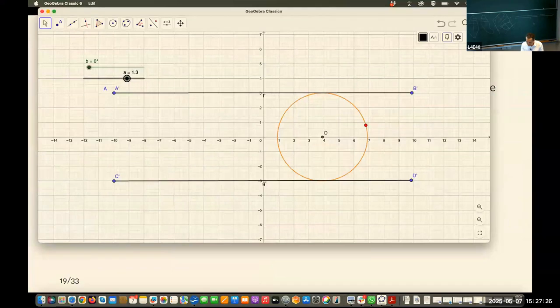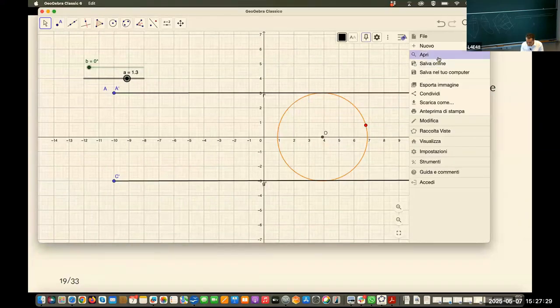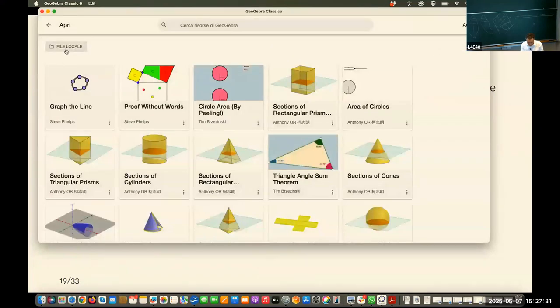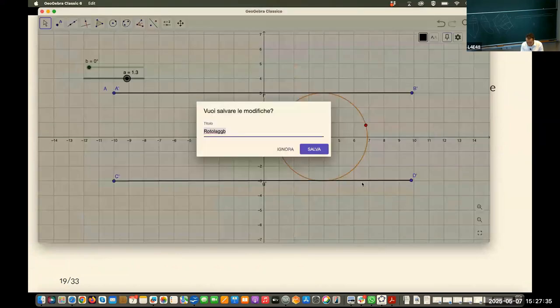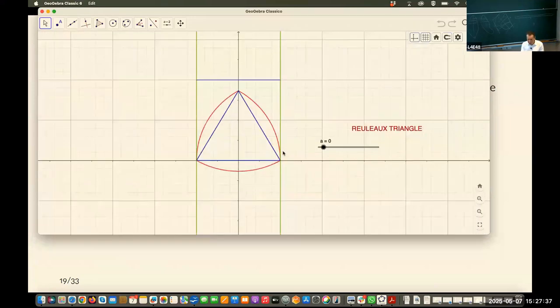For instance, the Reuleaux triangle. What is the Reuleaux triangle? It is this red set, which you can construct in this way.